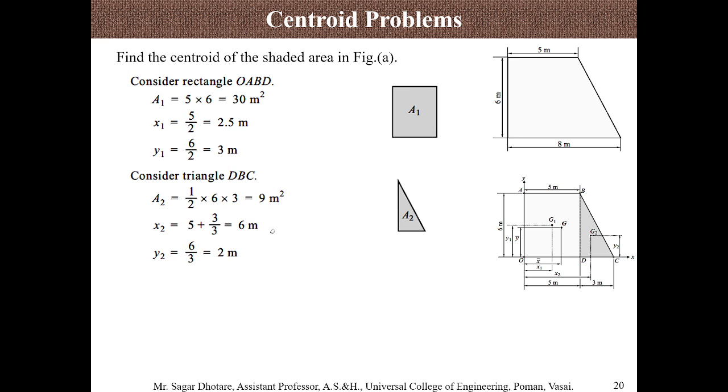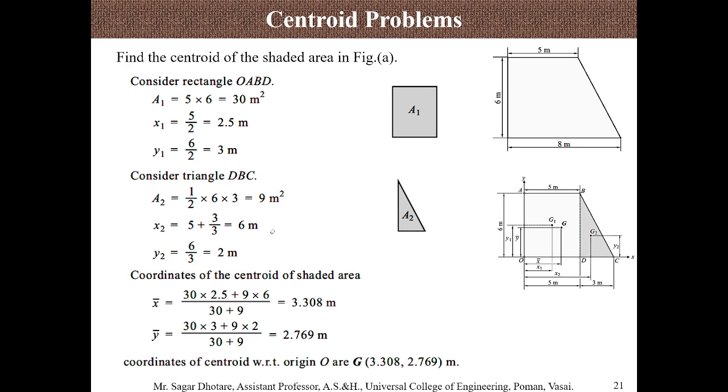The width of the rectangle is 5 meter, plus the base divided by 3, which is 3 by 3, so 5 plus 1 is equal to 6. For the y coordinate, we know that h by 3 applies, so height 6 meter divided by 3, we get the y2 value as 2 meter.